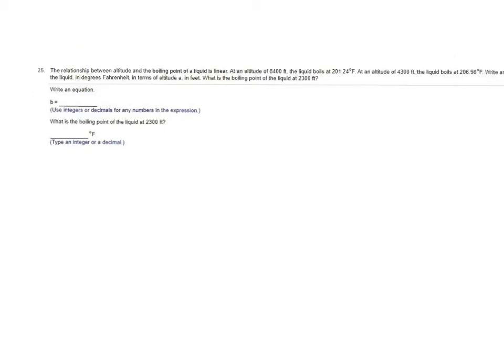Write an equation between the altitude and boiling point. If we look at the information here, we have that at 8,400 feet, the water boils at 201.24, and at an altitude of 4,300 feet, it boils at 206.98.